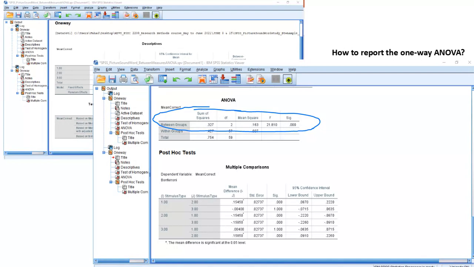You have to have APA style. Actually, you have to have your MSE. So you would have F(2, 57) is equal to 21.8, then MSE is equal to 0.163, and then p is less than 0.01.